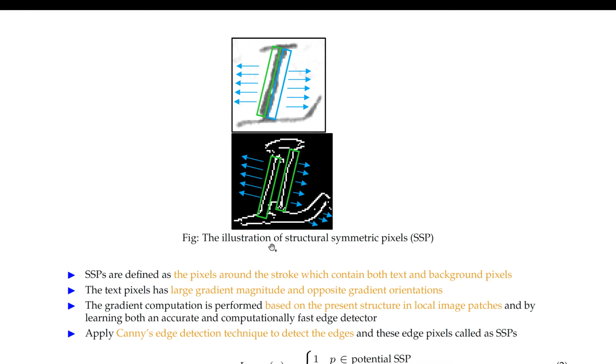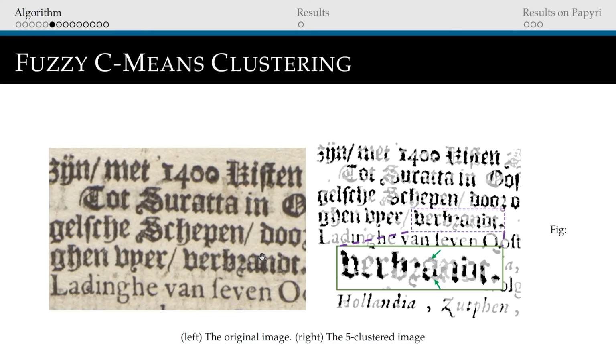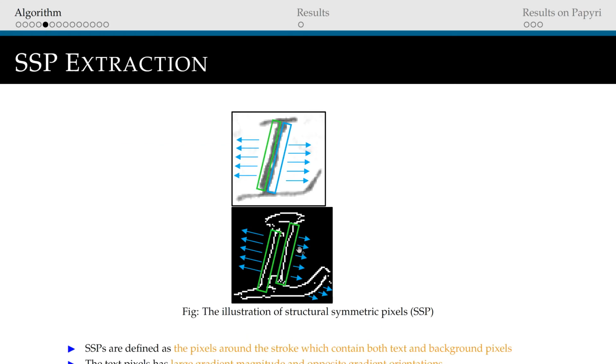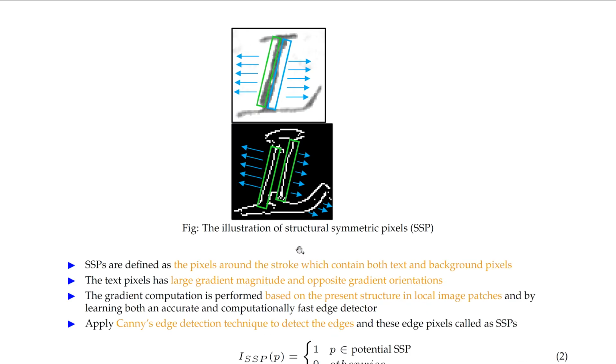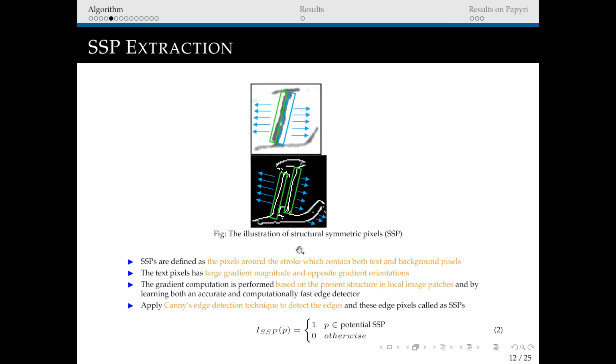The structural symmetric pixels will have a large gradient, and a large magnitude. So if these are the pixels at the border, which we call structural symmetric pixels, the characteristic of these pixels is that they have gradient directions which are opposite.